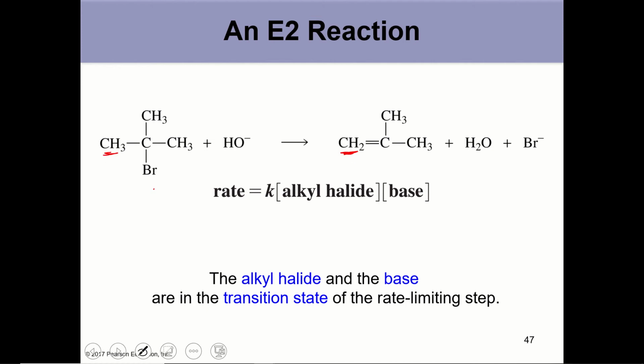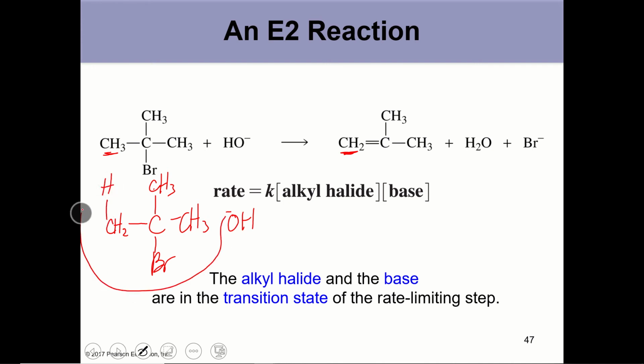So if we redraw it, we can draw CH2, CBr, CH3, CH3, and hydroxide ion. So the nucleophile comes and takes the proton.